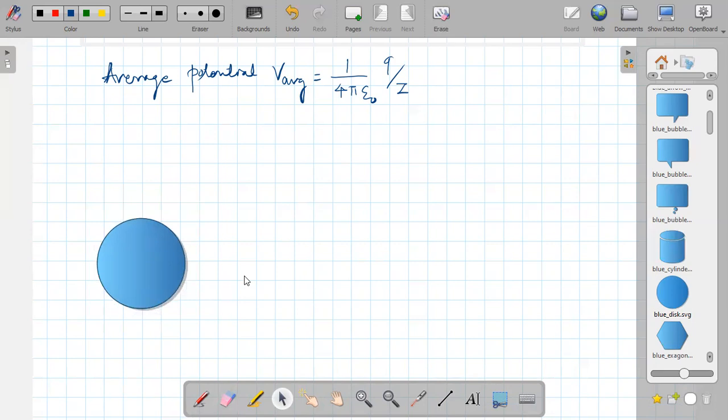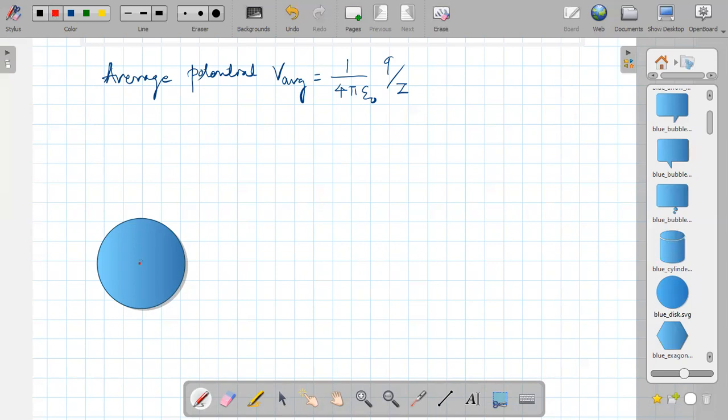Consider this is a sphere of radius capital R, in the three-dimension case. Suppose this is the center.